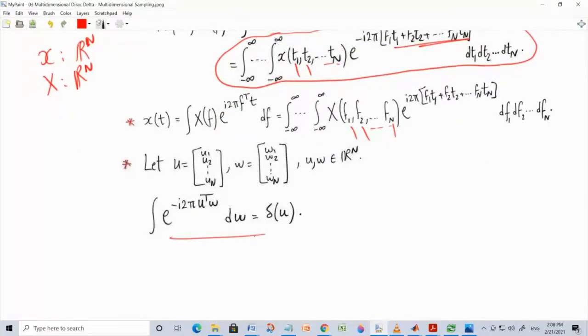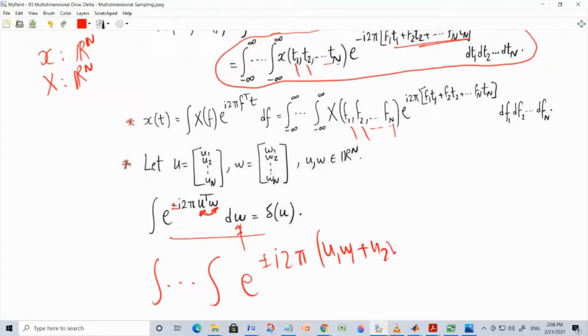The integral that I talked about in 1 dimension also holds here. If you have an integral, it can be plus or minus, by the way, i 2 pi, and then the inner product of 2 n-dimensional vectors, and you are integrating with respect to 1 vector. If you read something like this, it's a shorthand for n integrals of e to the plus or minus i 2 pi (u1 w1 plus u2 w2 plus un wn), and integrating dw means dw1 up to dwn.